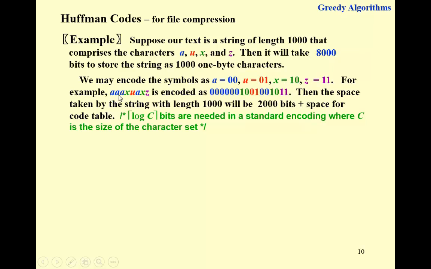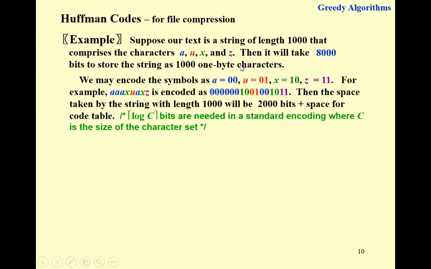So for example, this string can be encoded in this way, and therefore the space taken by the string with length 1000 will be only what? 2000 bits, because 2 bits for 1 character, and there are 1000 characters in total. Of course, plus some space for the code table.